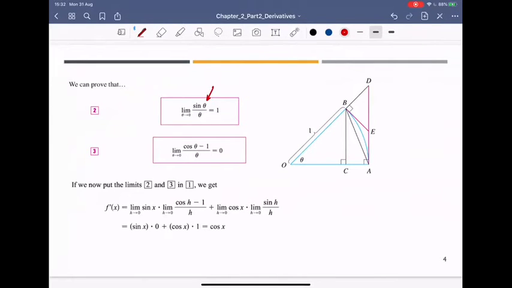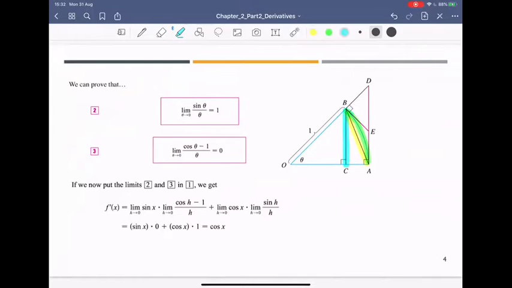This is 1. If you read the textbook that I attached in Blackboard, you're going to see that the proof starts by considering that the line that I highlight in yellow here is less than the line that I highlight in green, and then bigger than the line that I highlight in blue.